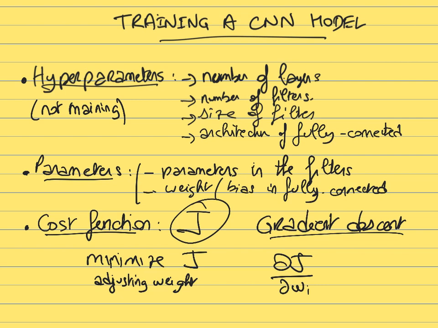You will do this until you reach a satisfactory minimum in your cost function, which means that your model at this point has learned the right values for the parameters. In this case, it means that it has learned how to find the best filters, the filters that create the features that are the most relevant, the patterns that are relevant for finding the objects that you are trying to find in your pictures.